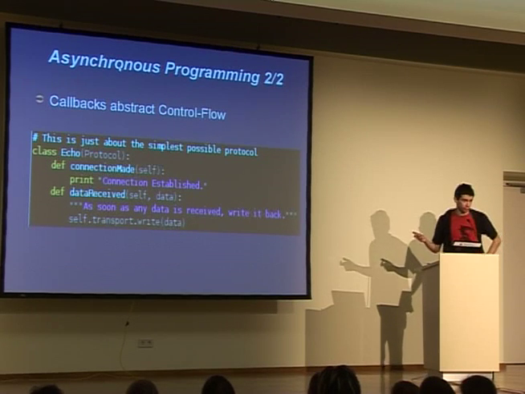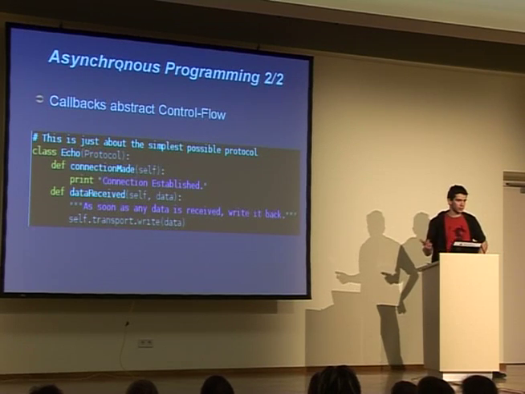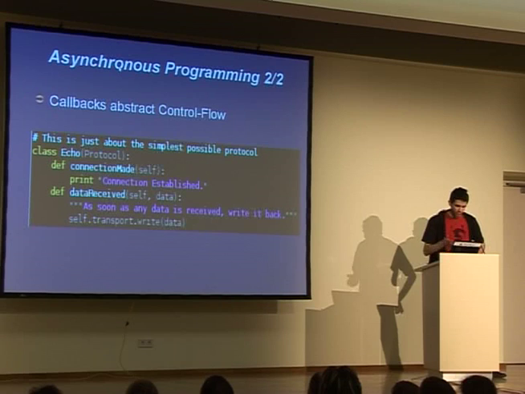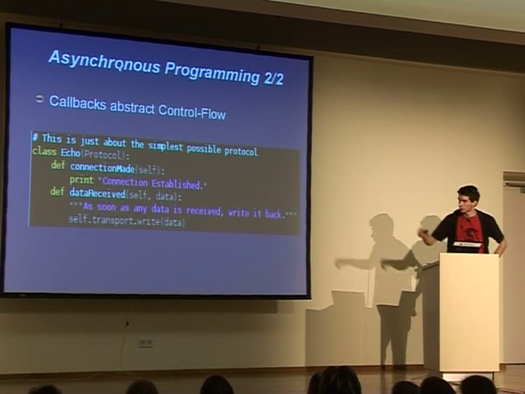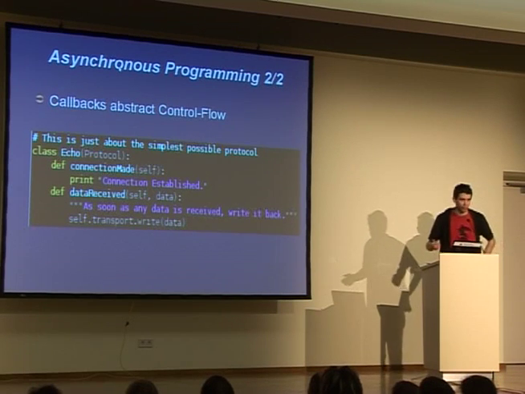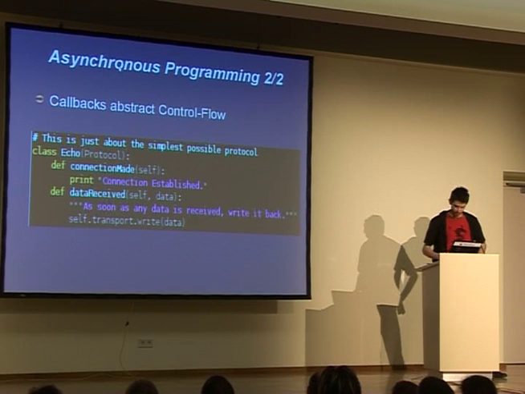It just gets called. It doesn't care about all this select stuff and operating system specific stuff, but it just gets called when a connection is made or when there's data to read from a transport. And in this case, this is a simple echo protocol. So if you use this protocol, it just reads data and writes it back.